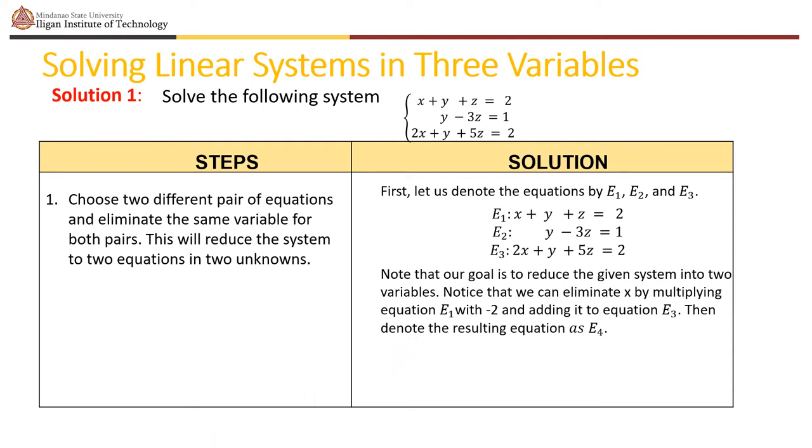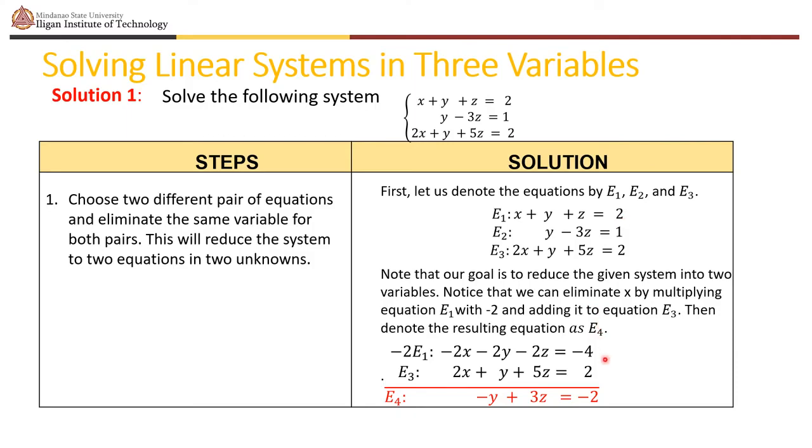So we have it here. Multiplying e sub 1 by negative 2, this is our e sub 1, so you come up with minus 2x minus 2y minus 2z equals negative 4.